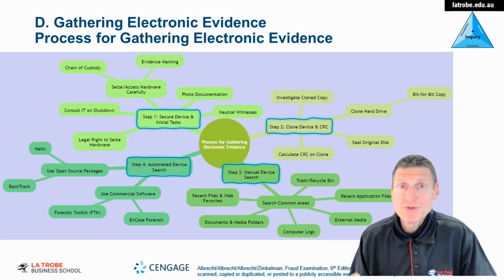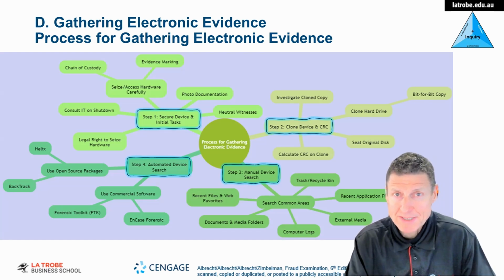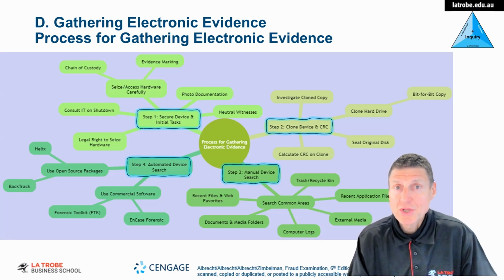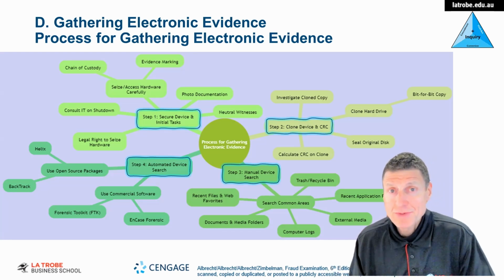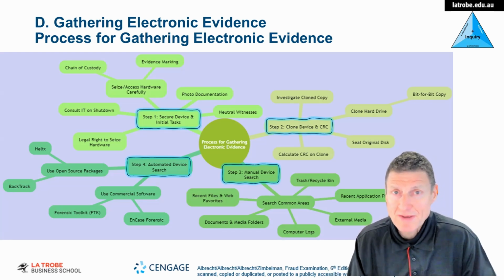Now, we move to step 2, and that's where we need to clone the device, because ultimately you are securing a PC or some electronic device. You want to search through that device for evidence, right? Well, you don't do that on the device that you have secured.